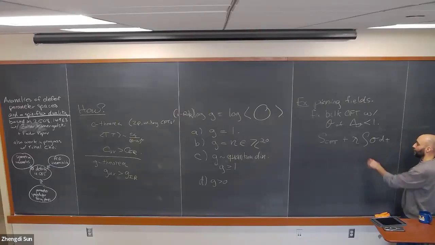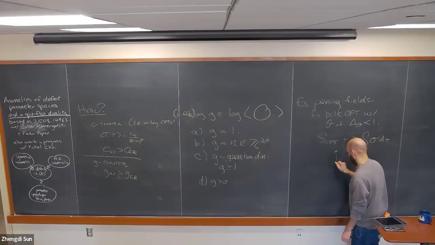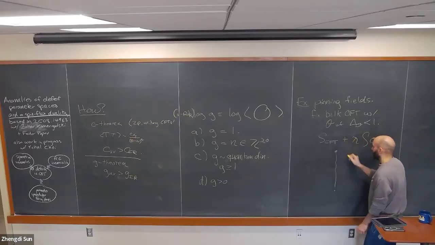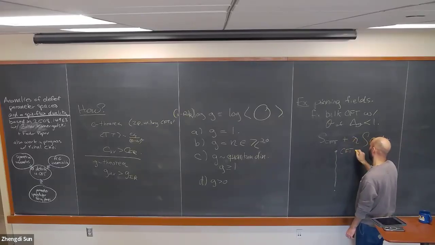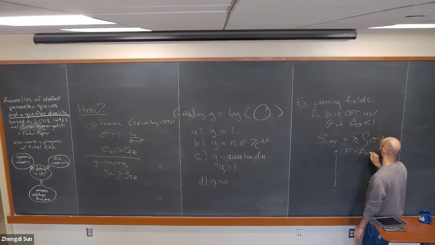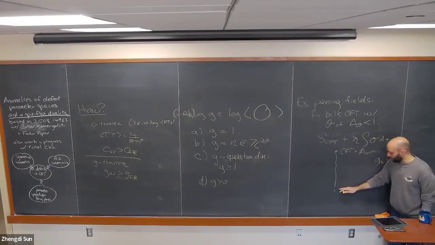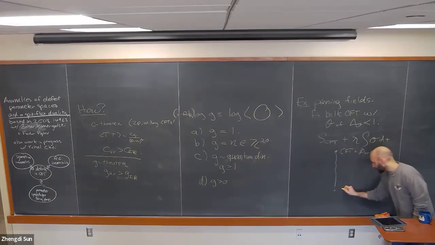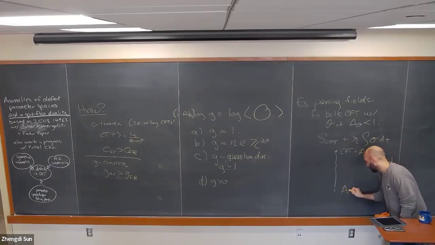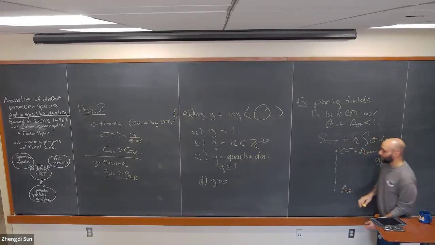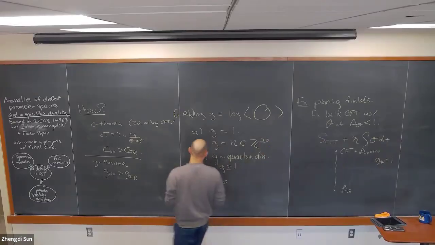Okay, and if you like, you can think about this as a kind of flow from the UV, where the defect in the UV is basically just the trivial defect, and therefore has G function equal to 1, down to the IR. Now we ask what could we possibly get? And the G theorem essentially immediately rules out a bunch of possibilities.